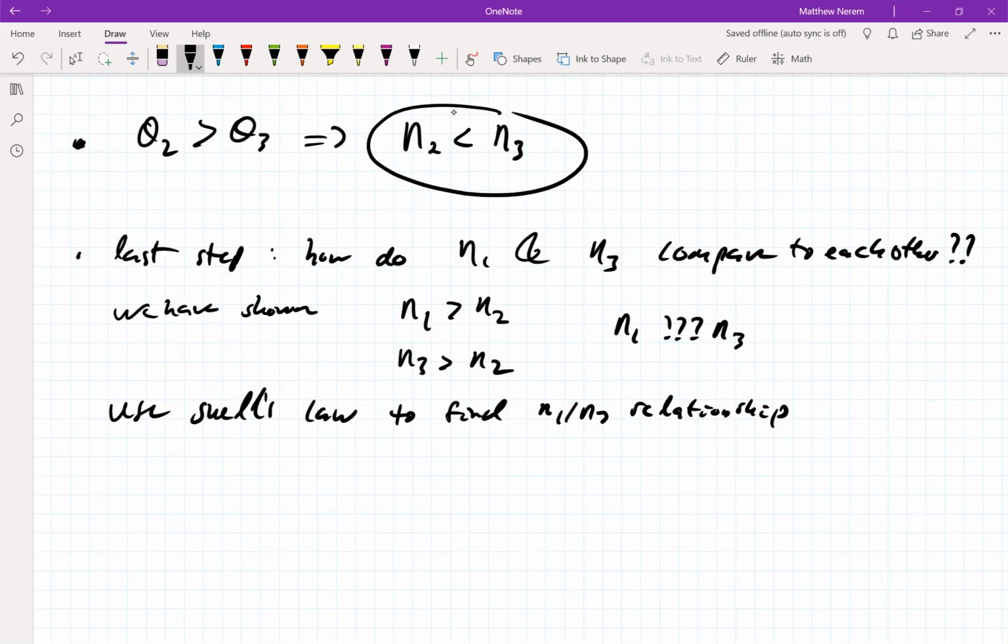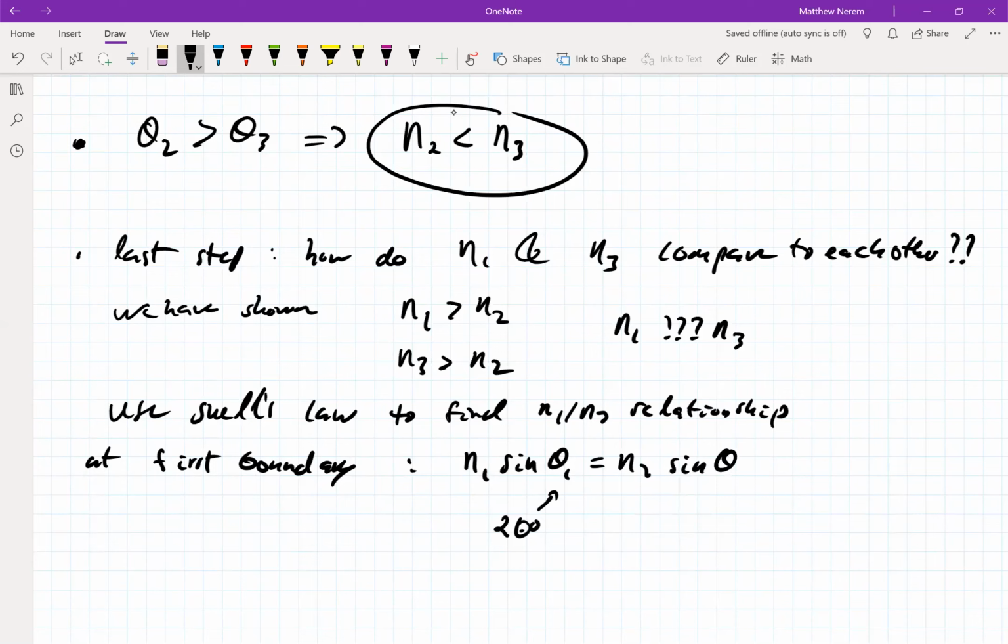All right. So at the first boundary, you have n1 sine theta 1, that's the 20 degrees, equals n2 sine theta 2, 30 degrees.